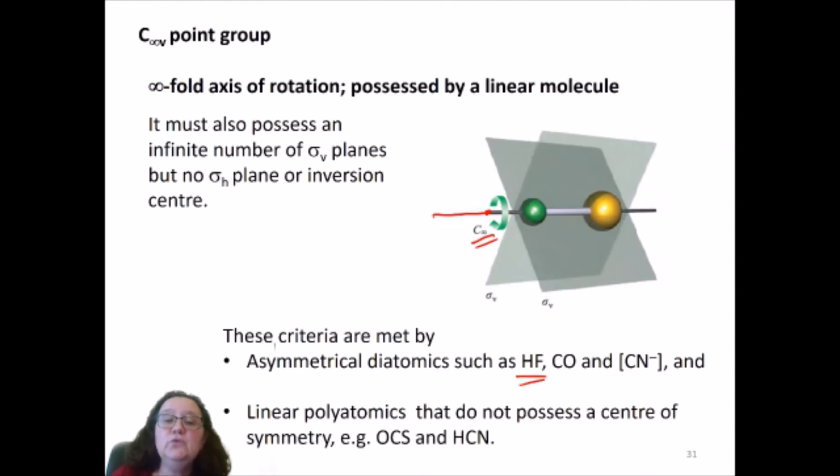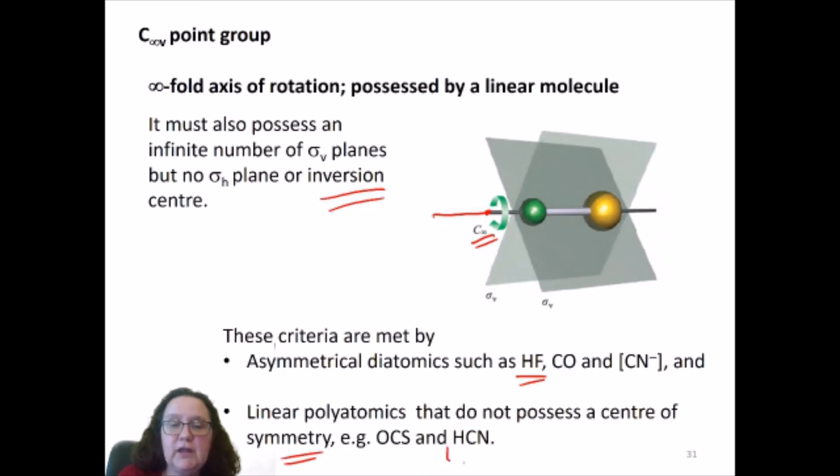And they do not have a sigma H, so no plane that is perpendicular to the principal axis, and no inversion center. So asymmetrical diatomic molecules, hydrogen fluoride, hydrogen chloride, hydrogen bromide, and carbon monoxide, meet that criteria. And also a polyatomic molecule which is linear, that does not have a center of symmetry.